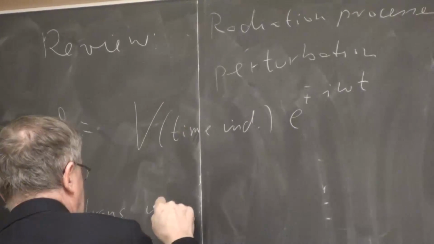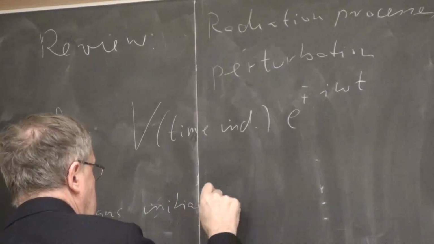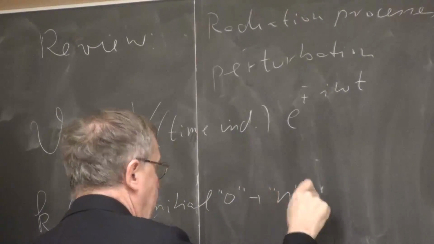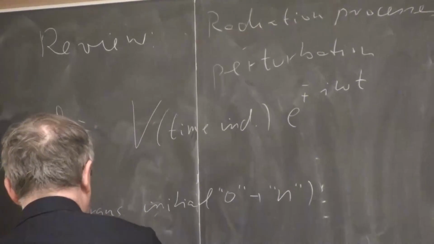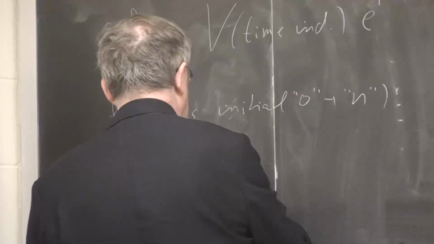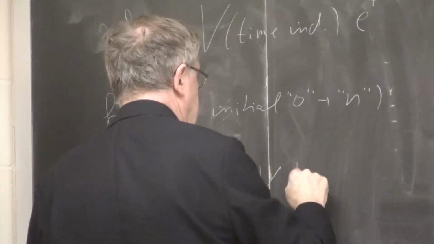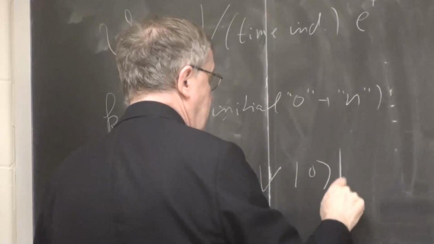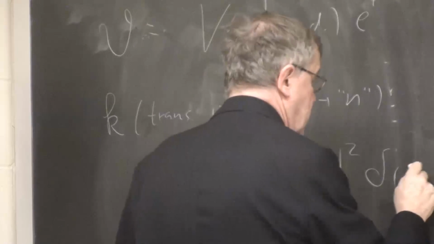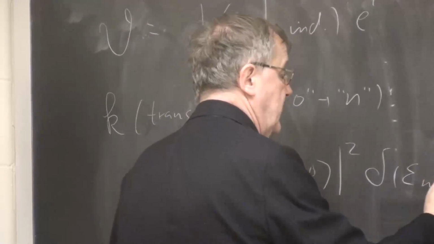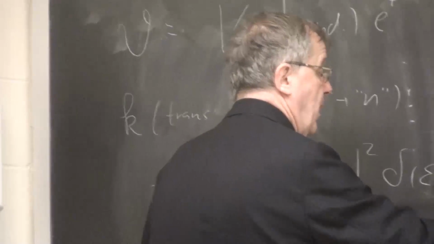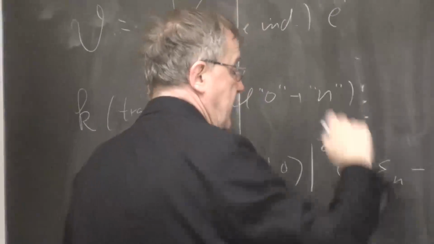going from an initial state 0 to state n, and that was written as 2 pi over h bar times the matrix element of this time-independent part squared, and then we had a delta function that described the energy of the final state minus the energy of the initial state minus and plus h bar omega depending on the sign here.